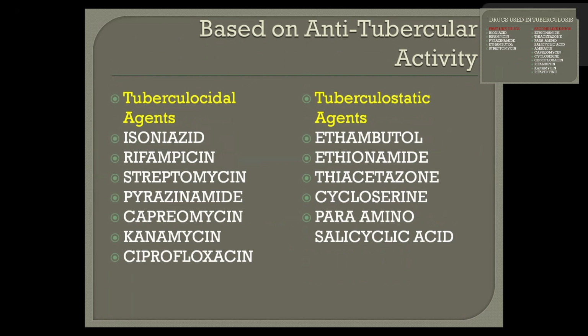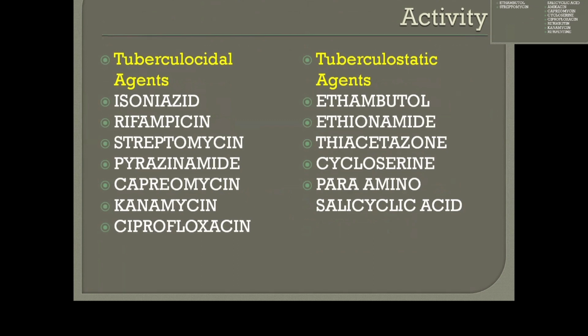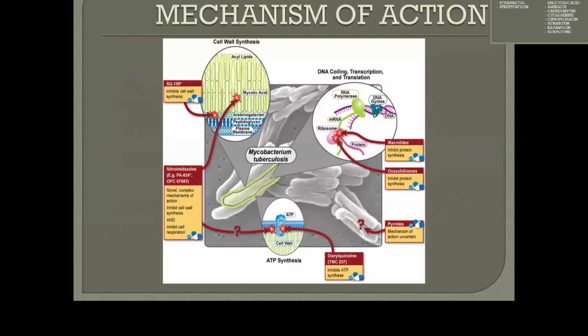Drugs that kill the mycobacteria are isoniazid, rifampicin, streptomycin, pyrazinamide, capreomycin, kanamycin, and ciprofloxacin. Tuberculostatic agents are ethambutol, ethionamide, thiacetazone, cycloserine, and para-aminosalicylic acid.